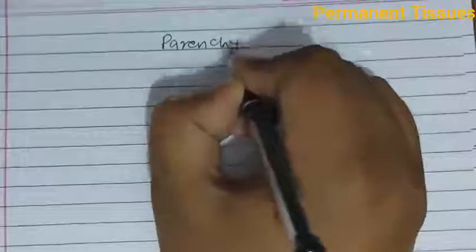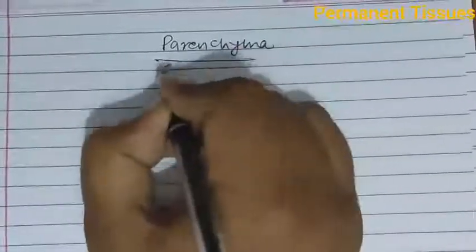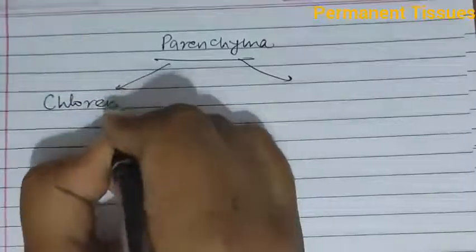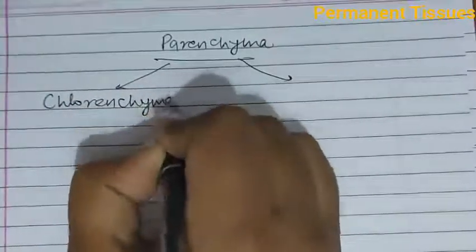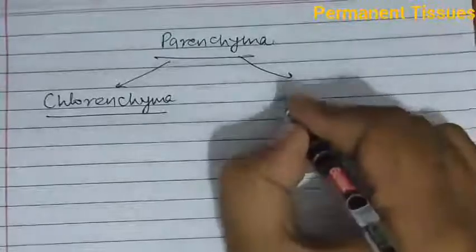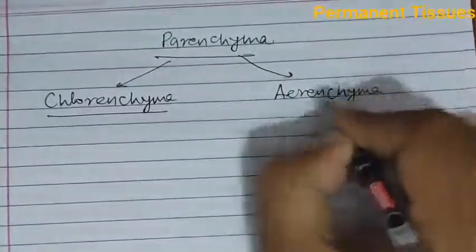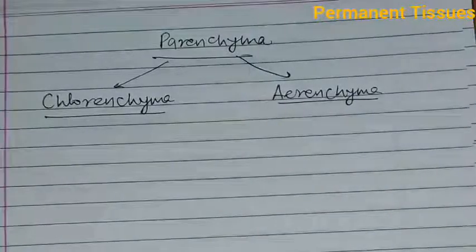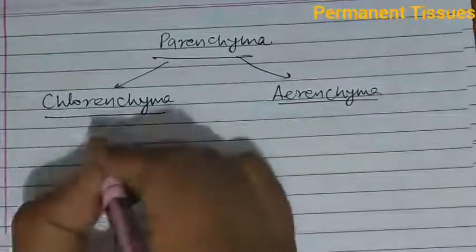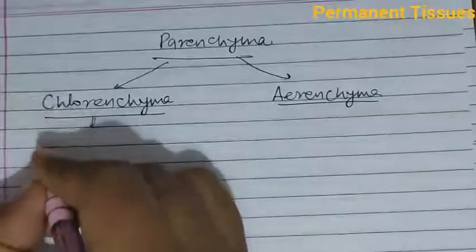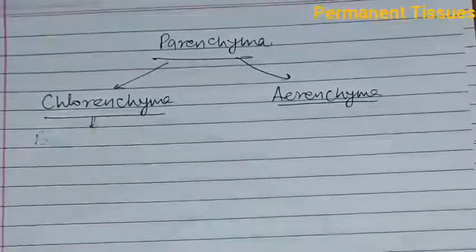This parenchyma is of two types: chlorenchyma and aerenchyma.